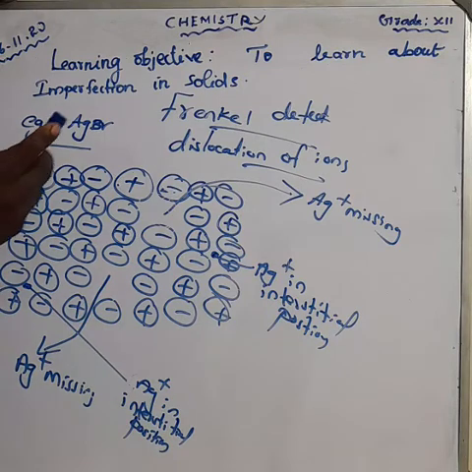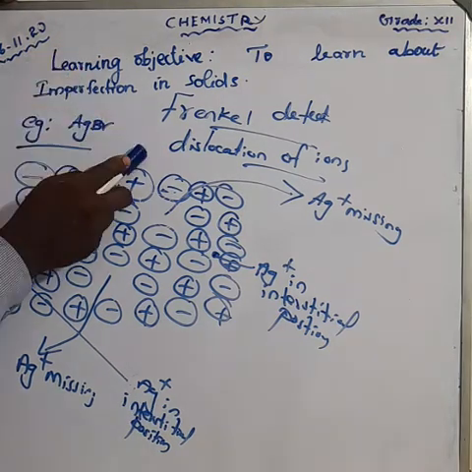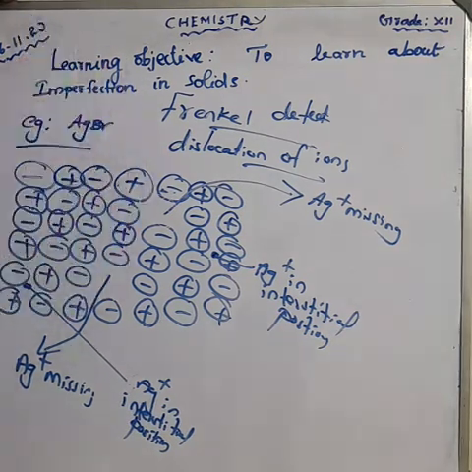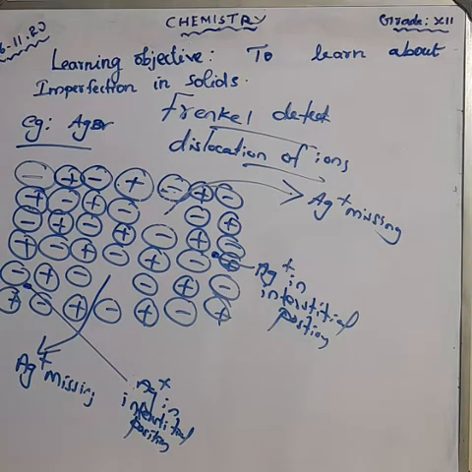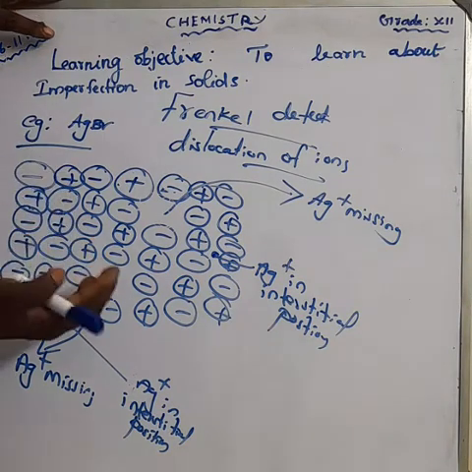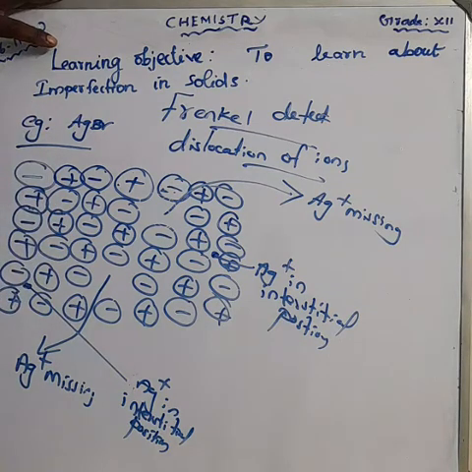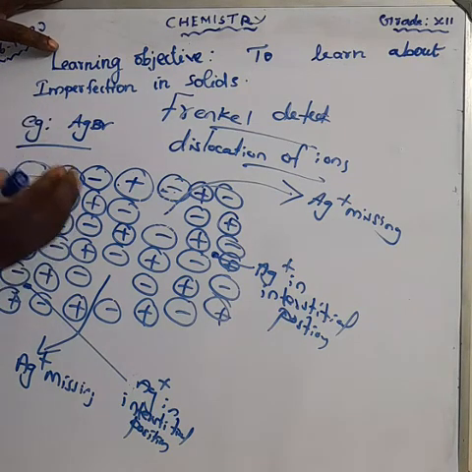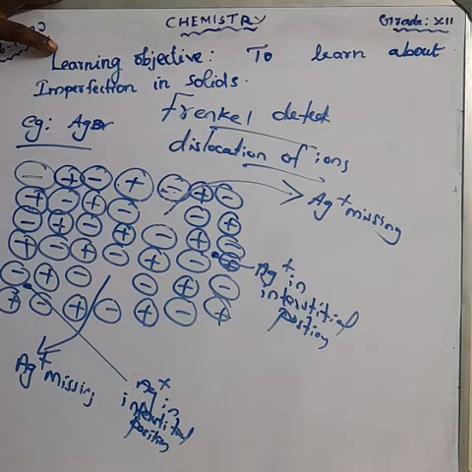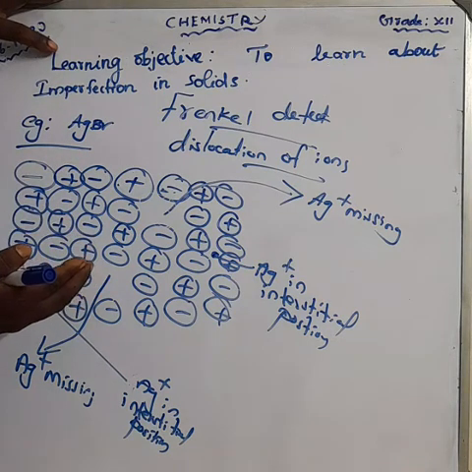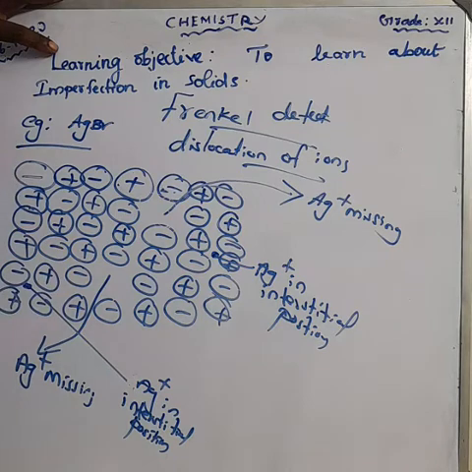What about the Frenkel defect? It arises due to the dislocation of ions from the crystal lattice. What about the size? The cation and anion differ in size. It does not affect the density of the crystal.